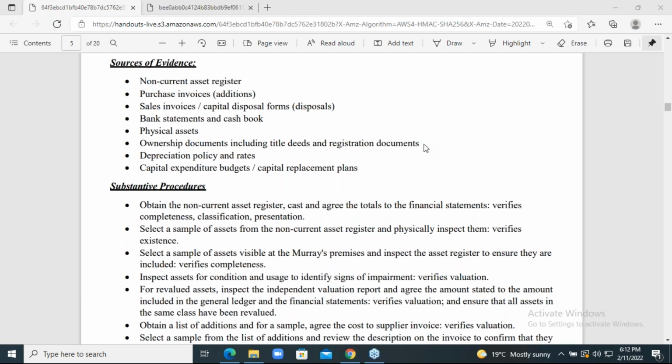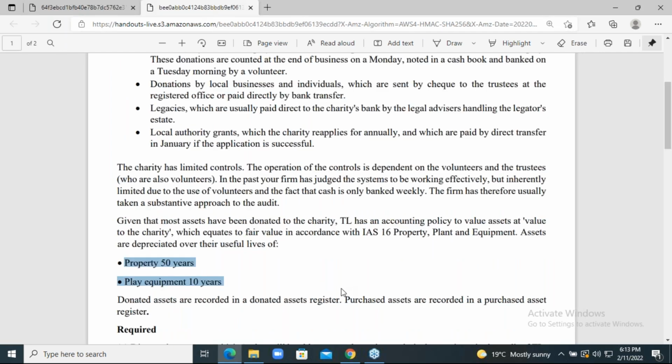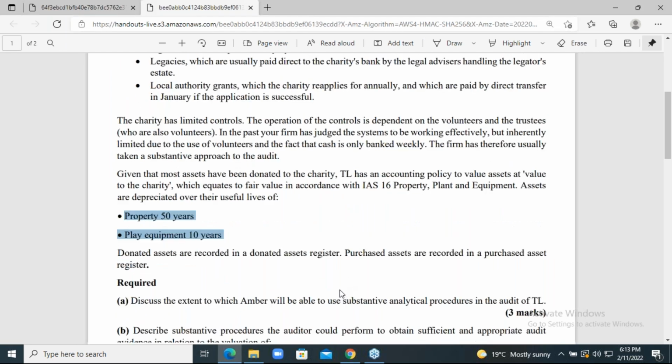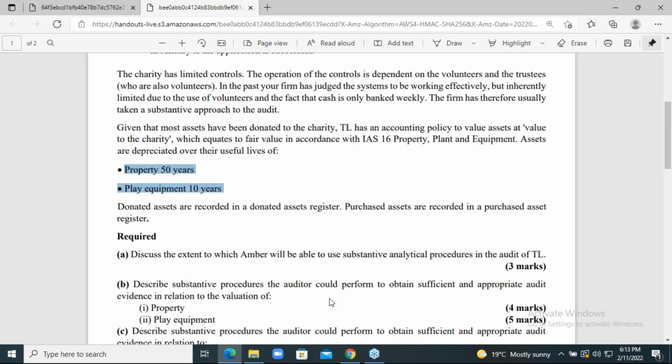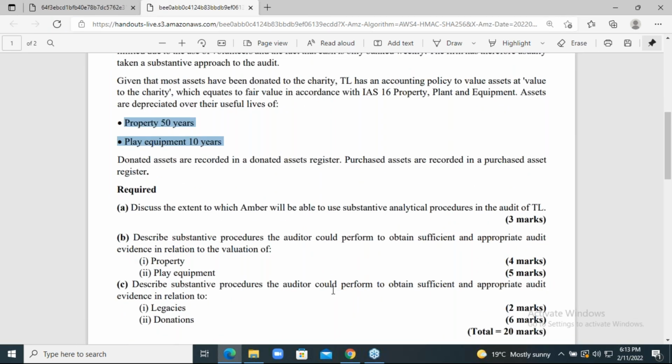Okay, now let's go back to this question. Now this is the most difficult part, and I hope for this session, the March session, the examiner will not ask you to write these types of procedures. I hope, but if they do, how are you going to tackle it? Now you can see legacies and donations.